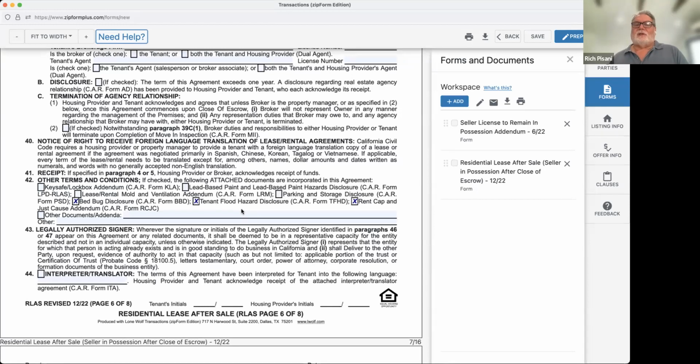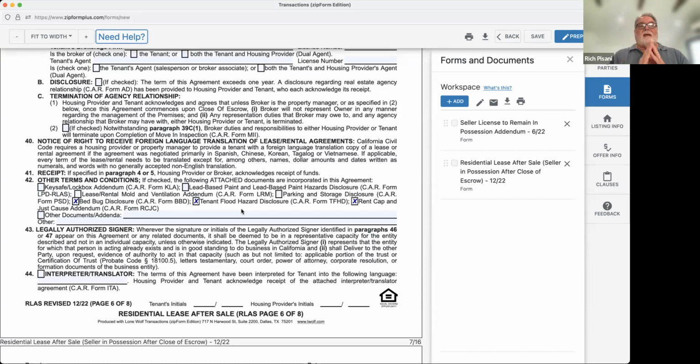Any representation, duties that broker may owe to, or any agency relationship that broker may have with either housing provider or tenant is terminated. I say this all the time, even with leases.